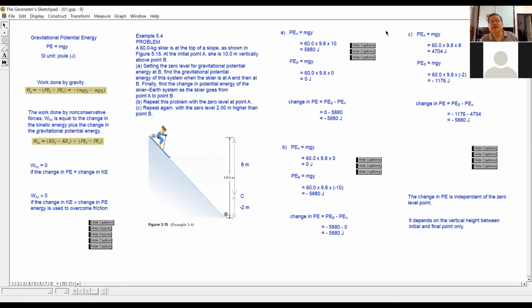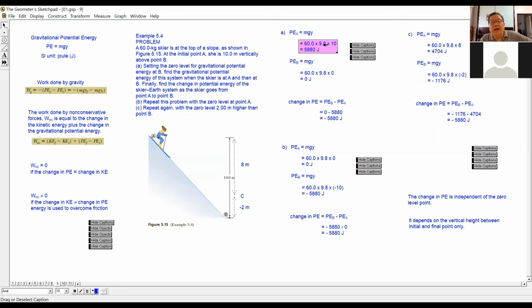Okay. So now I'm going to quote this formula here. The potential energy is mgy. So the potential energy at A, you see I put a small letter A there to denote the potential energy at A, is mgy. How much is the m? M is the mass, 60 kilograms.